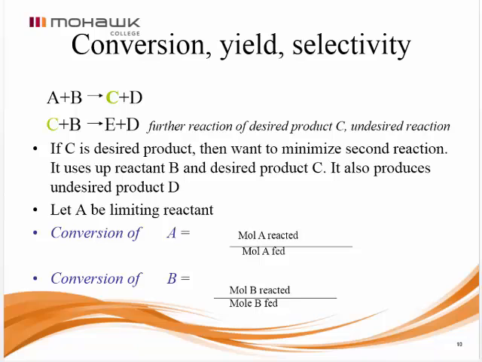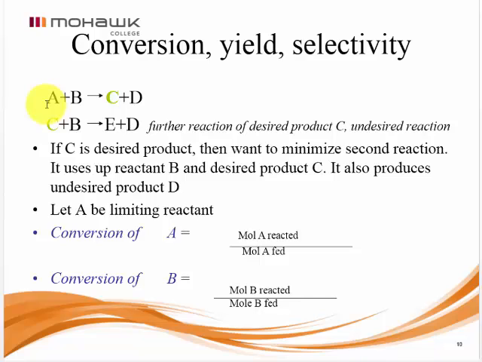Other definitions that we need to be familiar with include conversion, yield, and selectivity. If we have a chemical process, very often we have a number of different competing reactions taking place inside of the reactor.